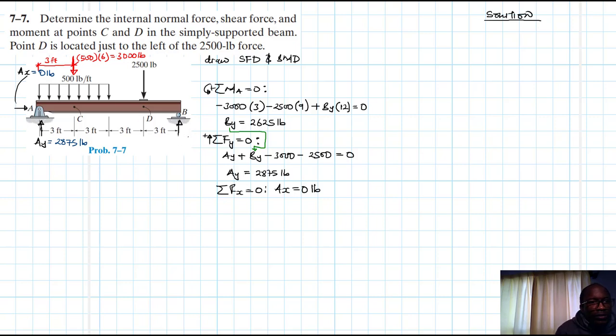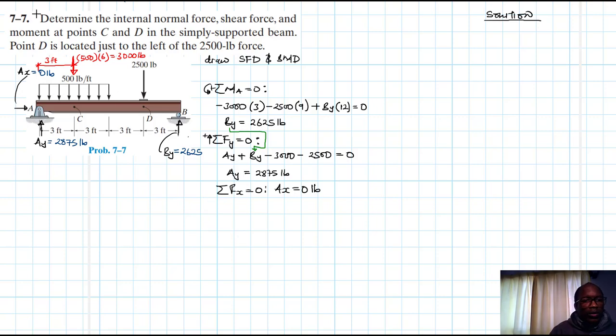is equal to 2625 pounds. Okay, 2625. Great.